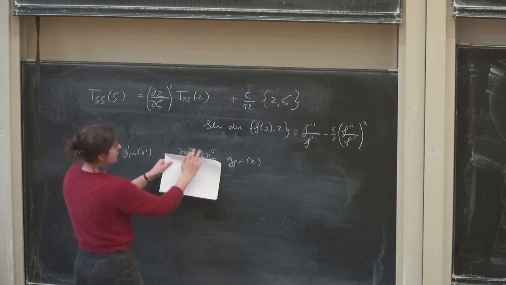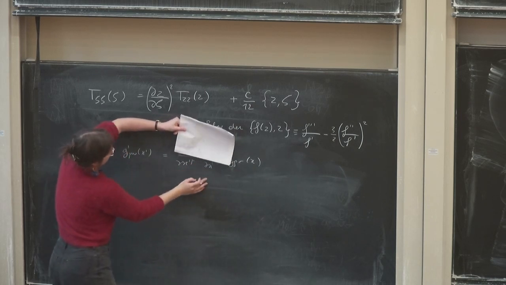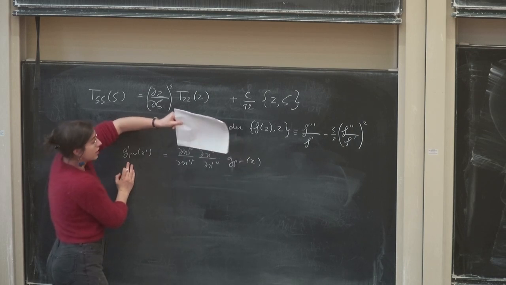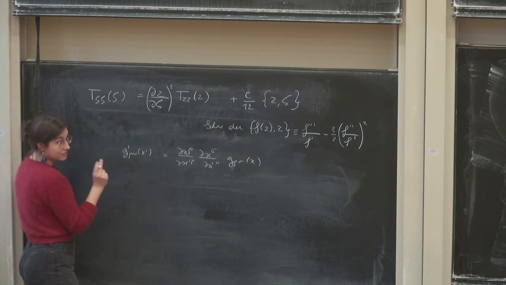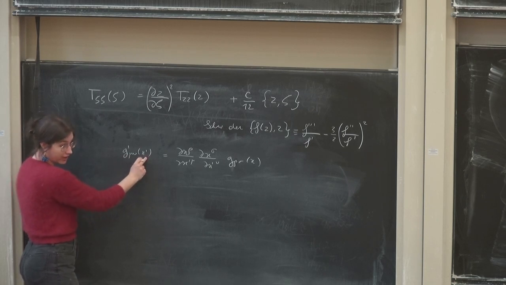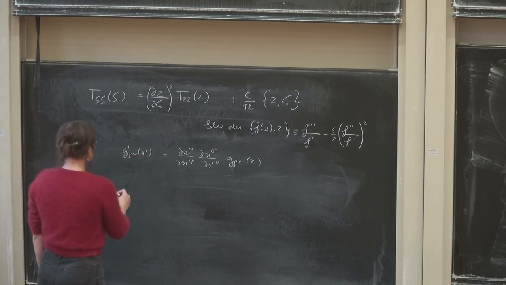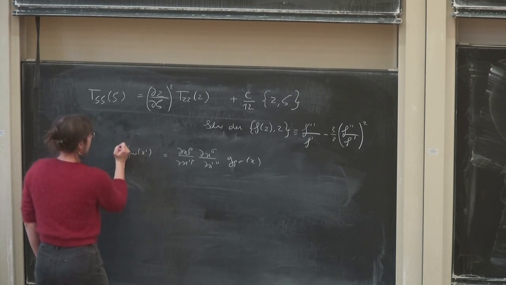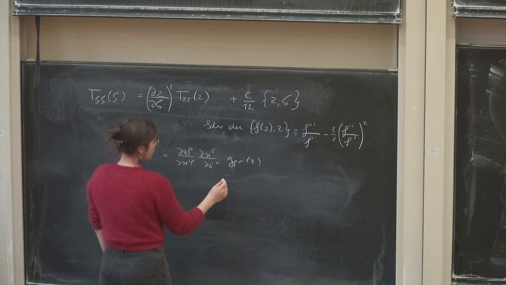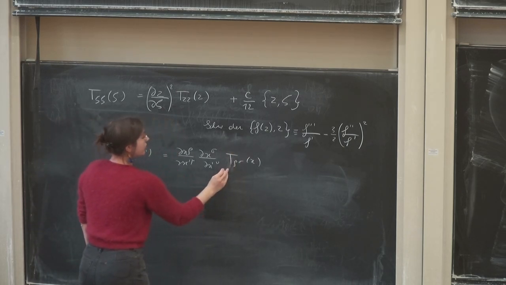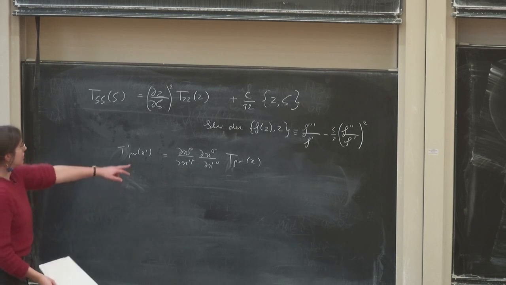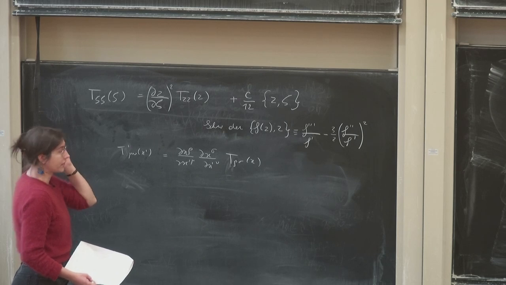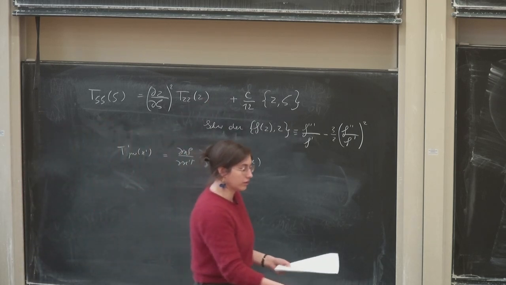So here you see that ds squared on this side equals ds squared on this side. You see it? And that tells you the passive transformation behavior, so the g prime of x prime. And so for the stress tensor, this would be the same transformation behavior if it was just a tensor. But as I said, there's this anomalous term in the 2D CFT. Okay, so this you just have to accept for now. I cannot.